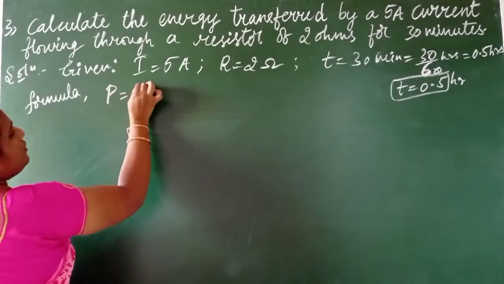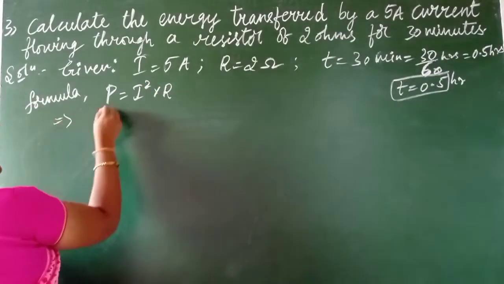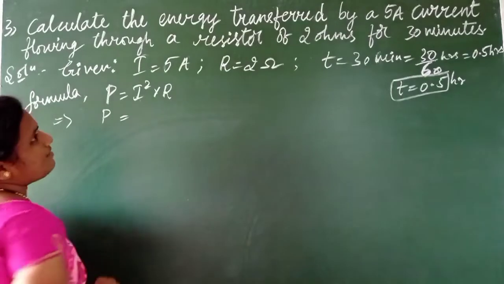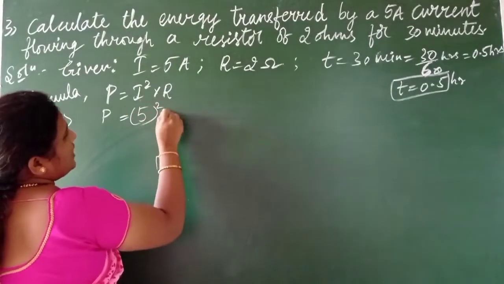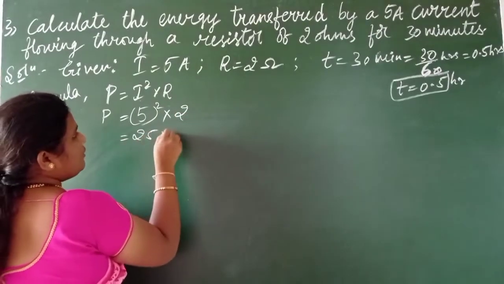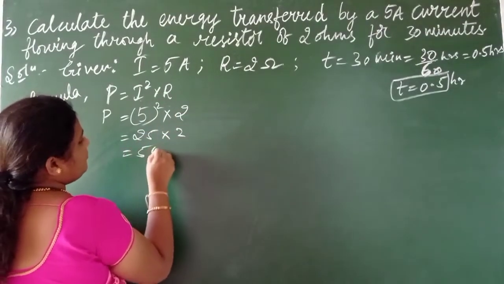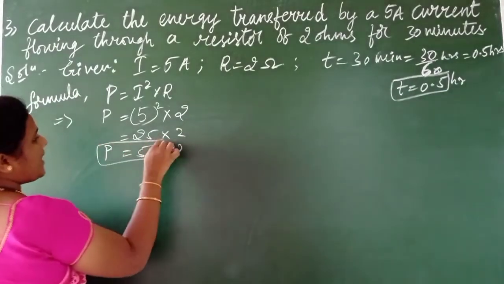P is equal to I square into R. What is the I value? 5 square into R is 2. So 25 into 2, nothing but 50 watts. This is in terms of watts.